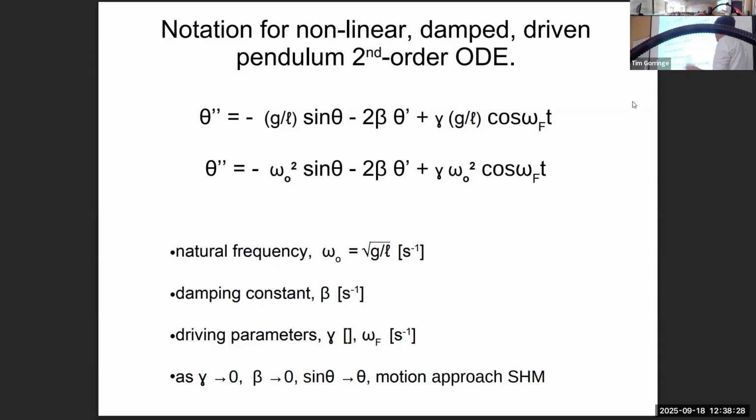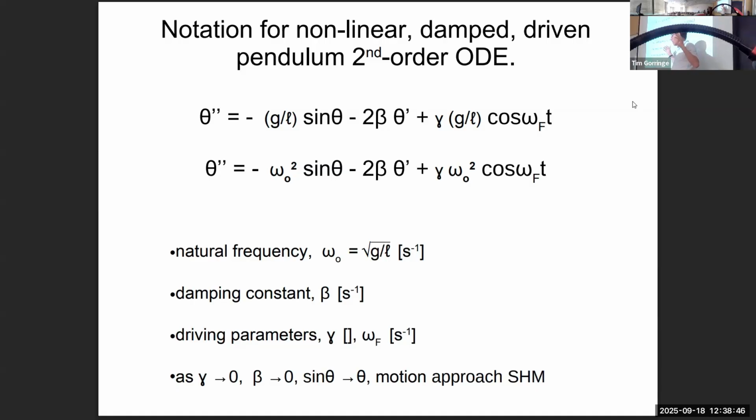It's sometimes handy to remember the units of these parameters. In fact, omega naught and omega f obviously have units of frequency, but the damping constant beta also has units of frequency.